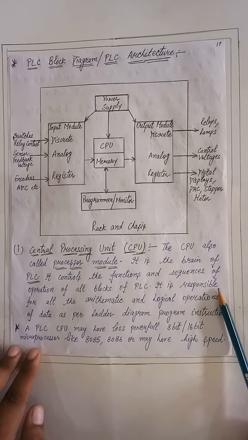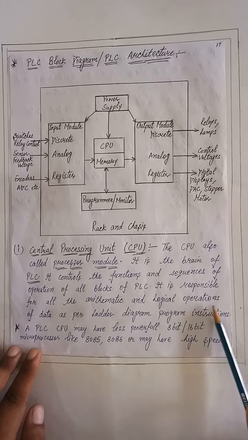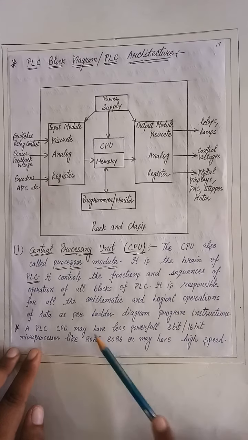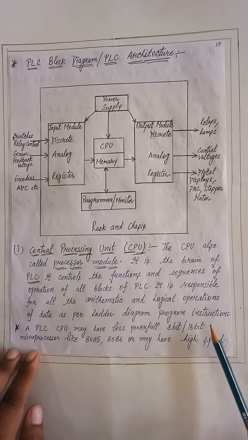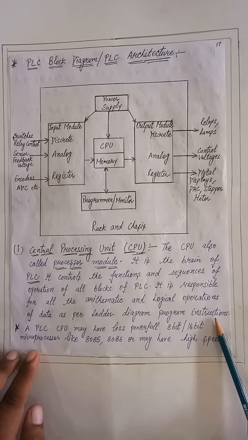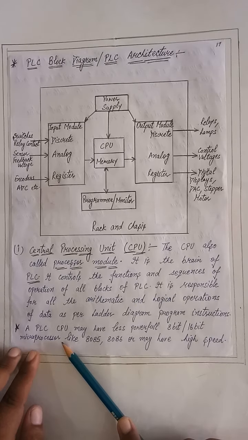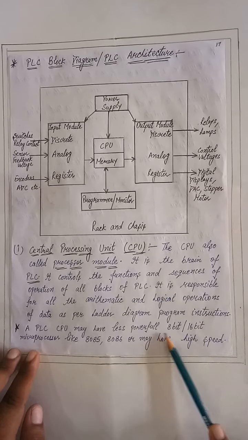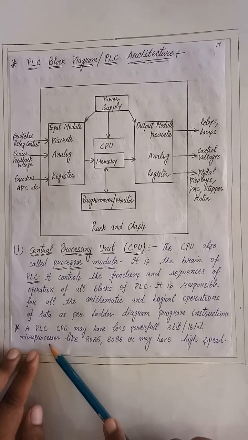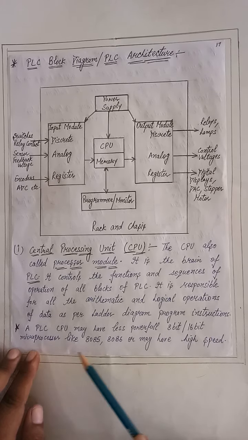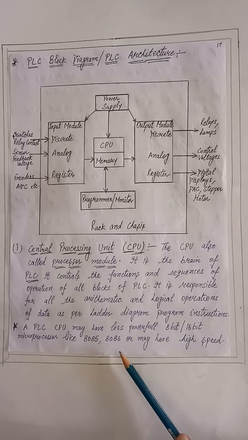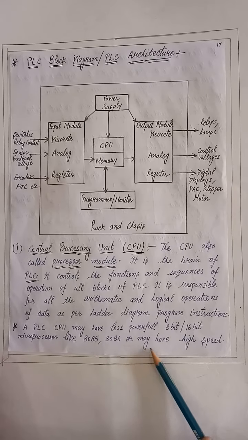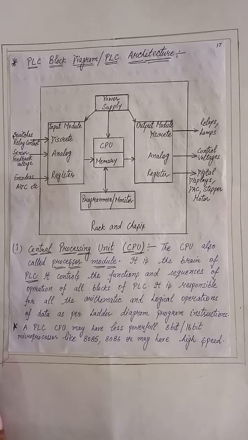It is responsible for all the arithmetic and logical operations of data as per ladder diagram program instructions. A PLC CPU may have less powerful 8-bit, 16-bit microprocessor like 8085, 8086 or may have high speed.